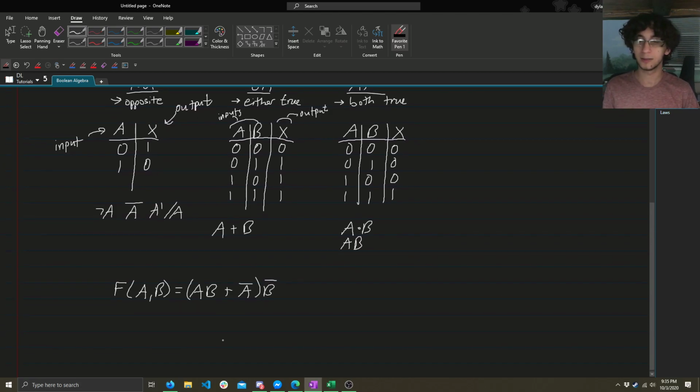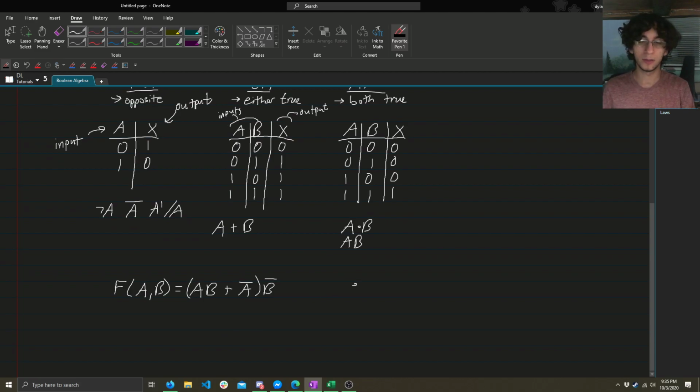Nice. Let's say we have another one. Let's call it G. And let's say this is 3 inputs, A, B, and C. Well, let's do A and B, and let's OR it with, let's do B not C. And finally, let's AND it all with C.